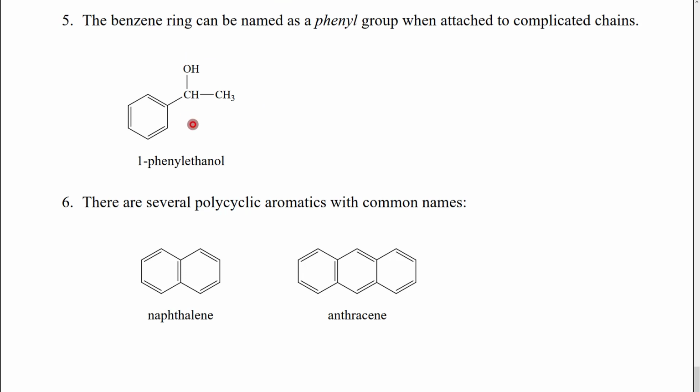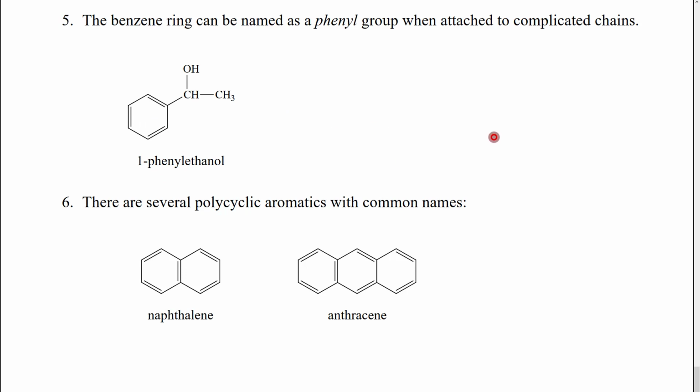So therefore, we're going to have to name this as a 2-carbon alcohol. In other words, ethanol. But then on the first carbon of ethanol, because that's where the OH is attached, we have a phenyl group attached. We actually have a carbon group attached, but it's a special substituent group. So this is going to be named 1-phenylethanol.